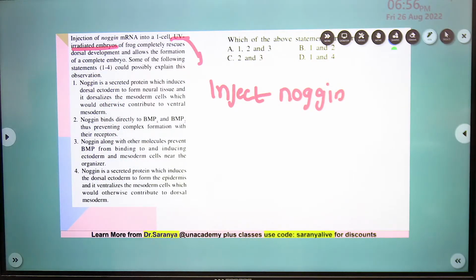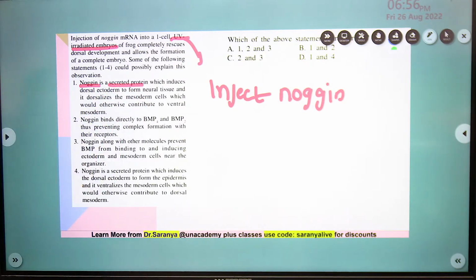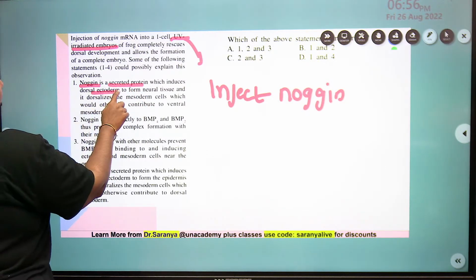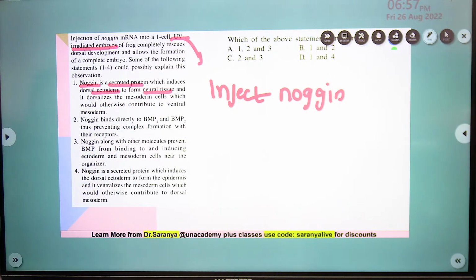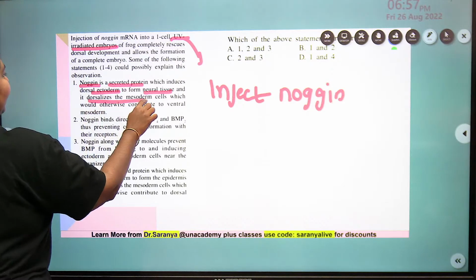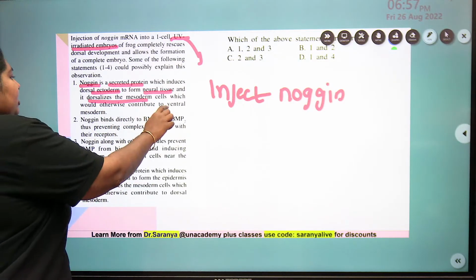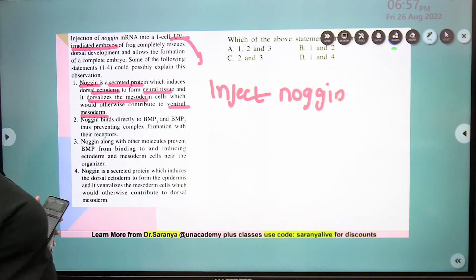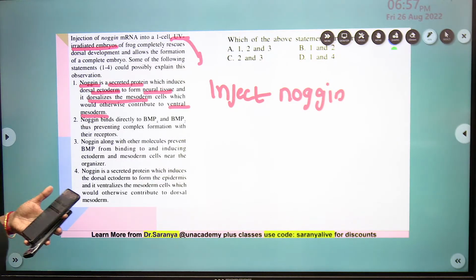This says that noggin is a secreted protein. It will induce your ectoderm to form the neural tissue, and it is going to dorsalize the mesodermal cells, which would otherwise contribute to the ventral mesoderm. Is it clear? Dickkopf is a head organizer only, Selva.